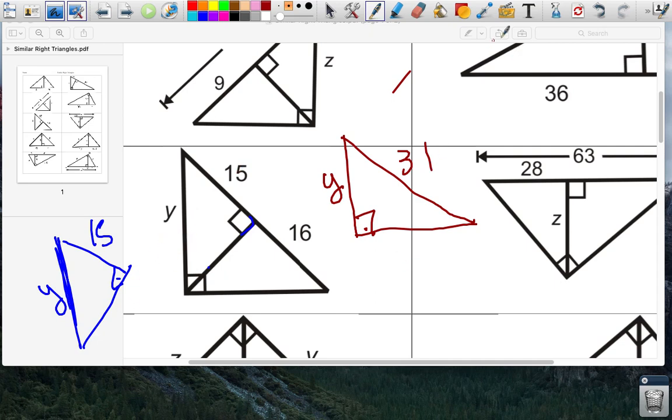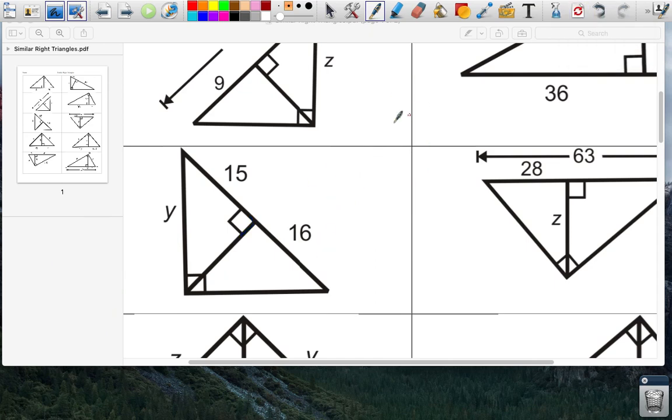I probably will end up setting up the wrong proportion. So what I'm going to do is find this guy over here. And let's call that x. So x is the square root of 15 times 16, which is equal to 4 square root of 15, right? Because that comes out, the square root of 16 is 4. Now let me rewrite this.